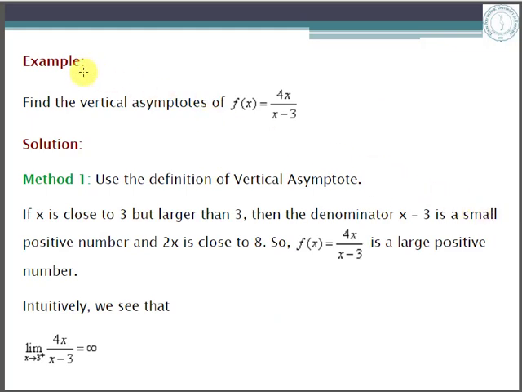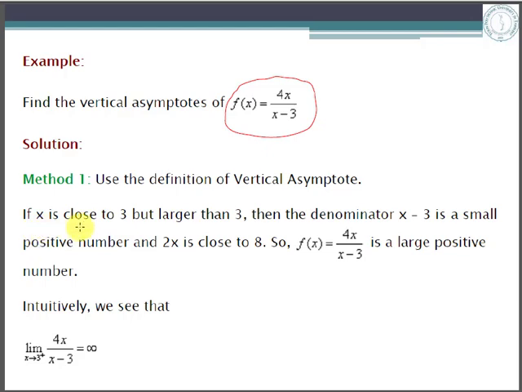And now more examples. The next example: find the vertical asymptote of f(x) = 4x over (x - 3). Let's study it with two methods. First method, use the definition of vertical asymptote.